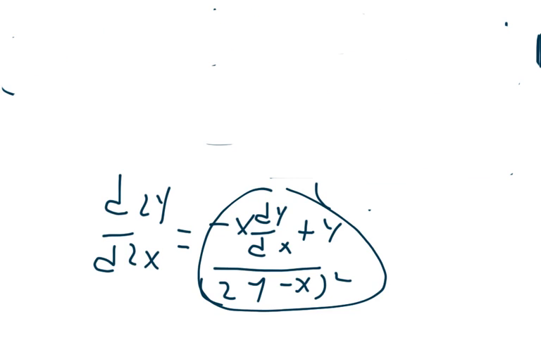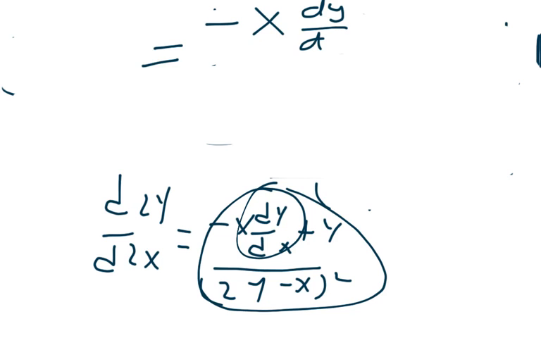Bryant here, just making one more finishing touch. Since we know what dy over dx equals, we can plug that in, which will get us negative x dy over dx. Whoops, just made the same mistake.